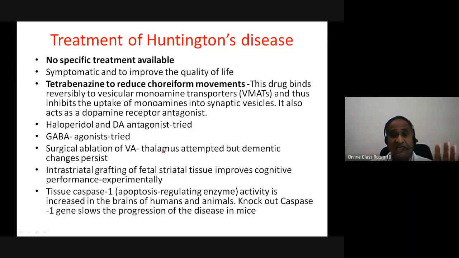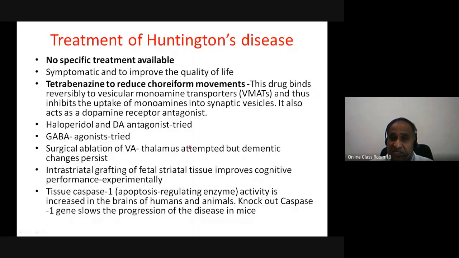If you look at the GPi and the thalamus, the GPi relays into the ventroanterior nucleus of the thalamus, and they are trying to ablate or destroy that particular portion, either surgically, by laser, or otherwise.